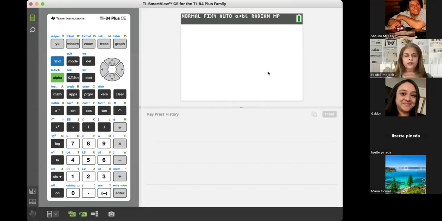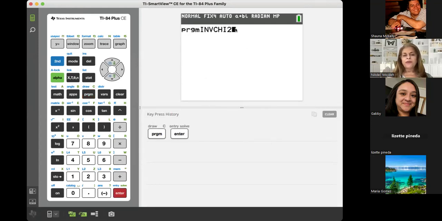So here is my calculator. I go to the program button. I have 3 programs. For this section, I need inverse chi-square. On the top row, when you click program, always stay on execute. Do not move to the right. The name of the program is highlighted, inverse chi-square. I press enter.